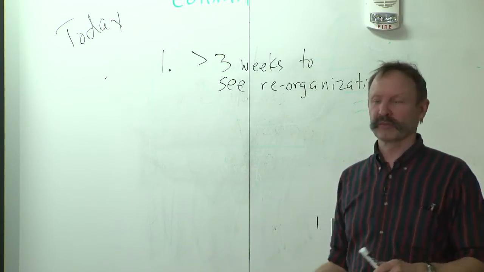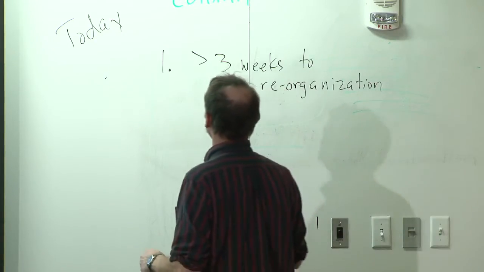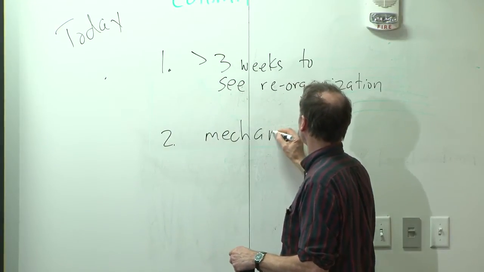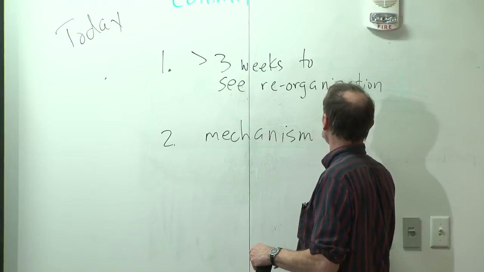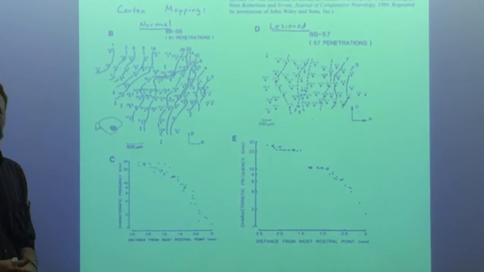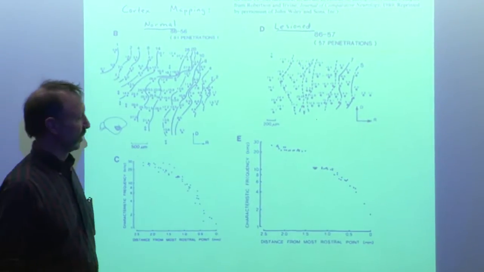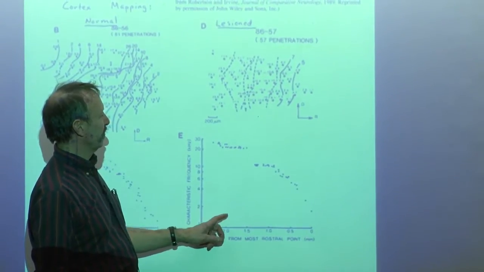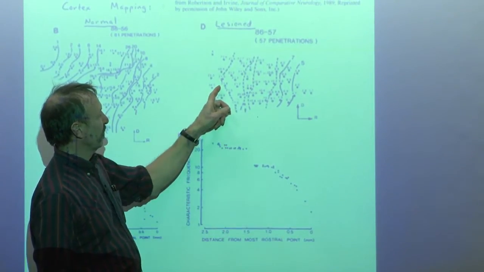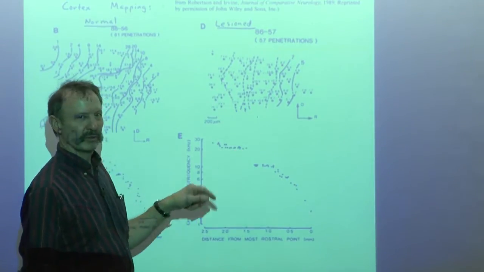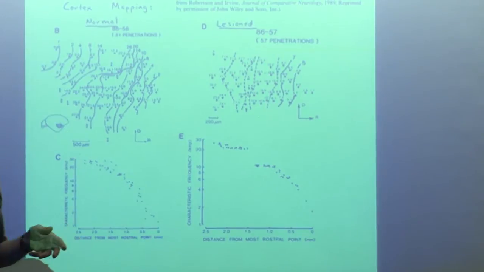What's the mechanism for this reorganization? Well, we have input coming up to here from the thalamus, where the inputs from the 20 kilohertz place of the thalamus, did they come up here and did they grow into a large part of the cortex where they weren't present before?